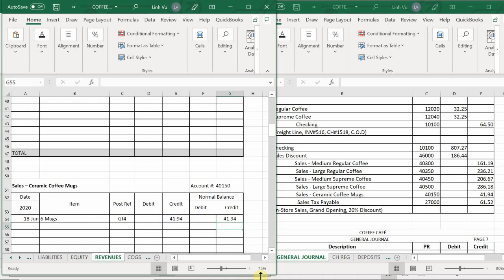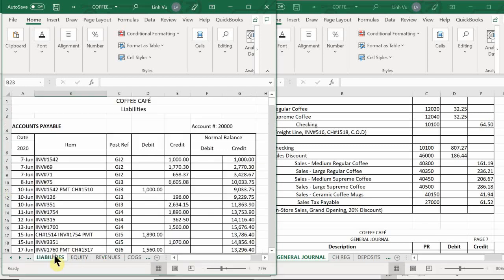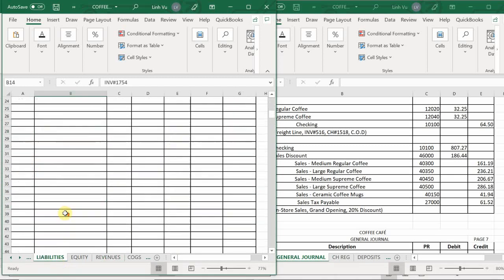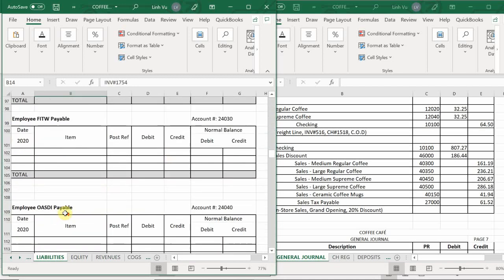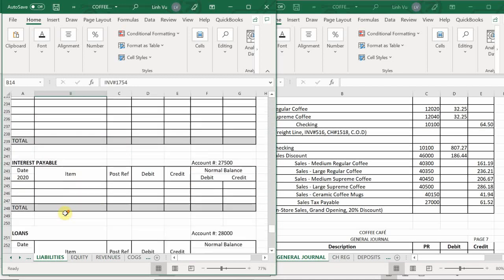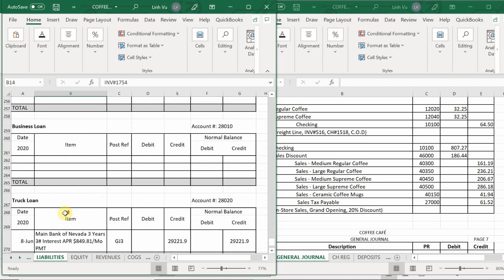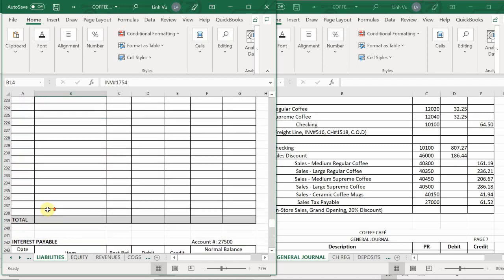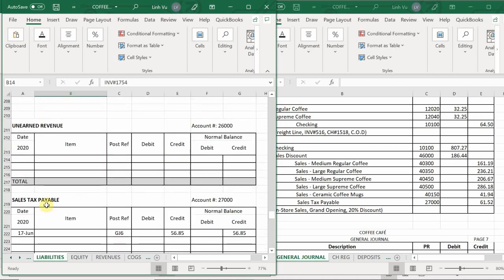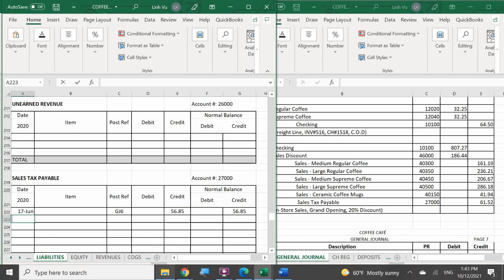And then last but not least, we need to go to sales tax payable. So liabilities. Here we are, sales tax payable. So you don't write anything there, no?